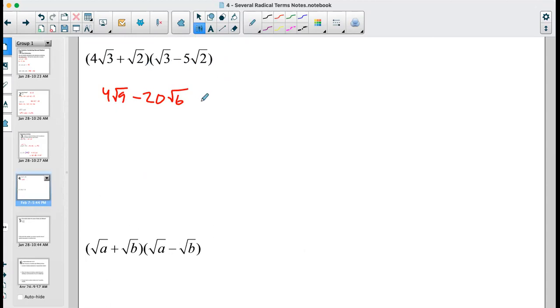Root 2 times root 3 is root 6. Root 2 times negative 5 root 2 is negative 5 root 4. You know that the square root of 9 is 3, so this is really 12. Square root of 4 is 2, so this is really minus 10. Then I get minus 20 root 6 plus root 6. And 12 minus 10 is 2.